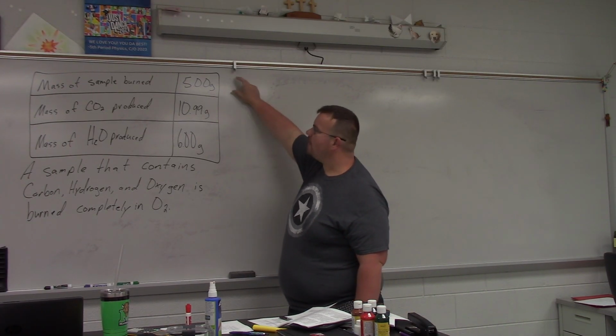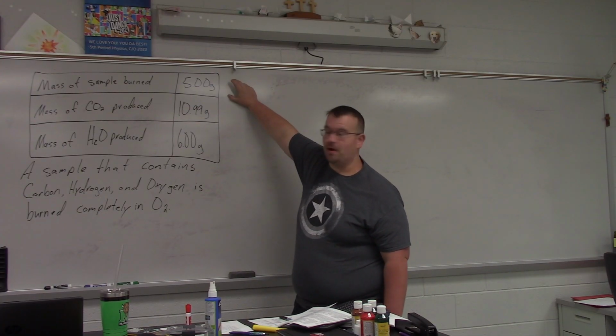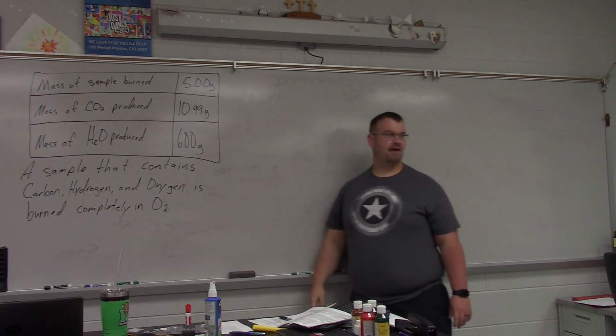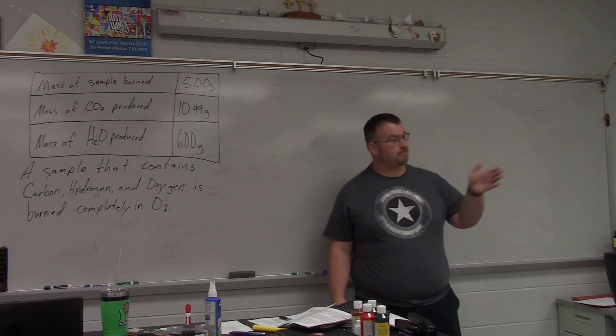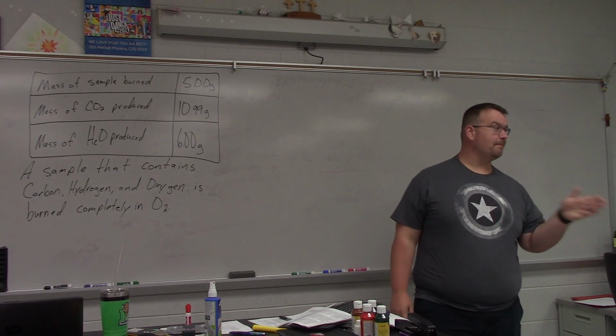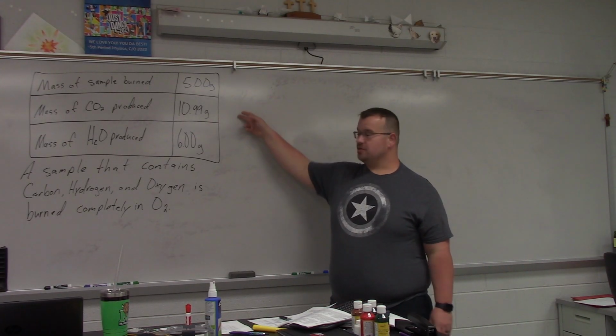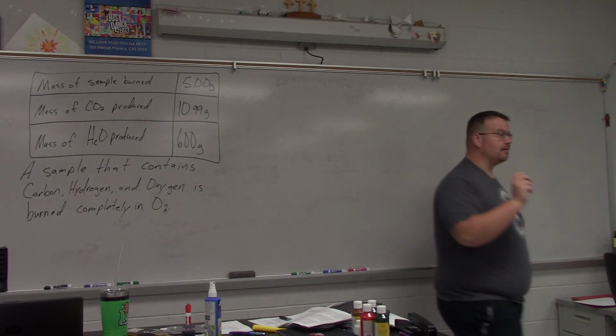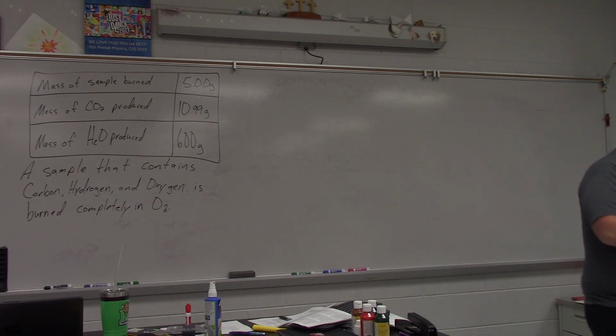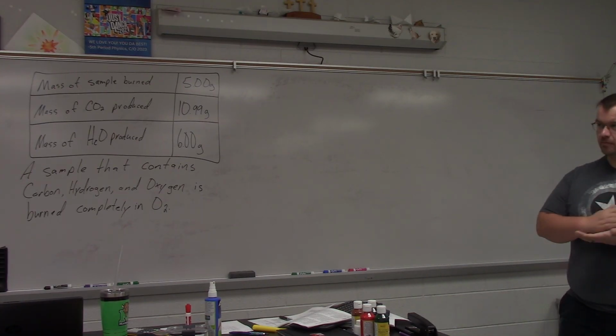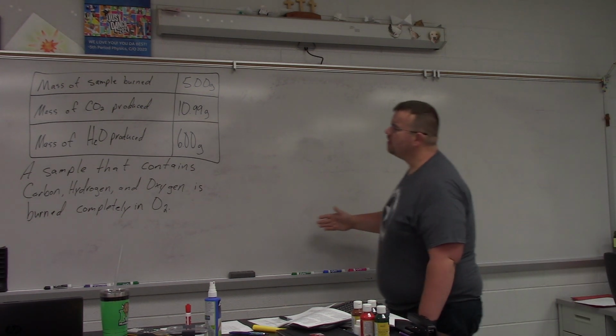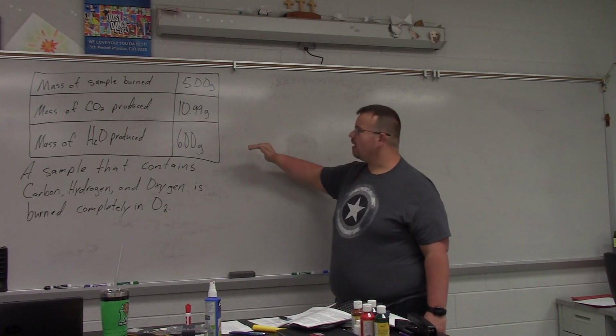There is some mass of a sample that's burned completely up in oxygen that had a mass of 5 grams. Then they have the mass of the carbon dioxide and the mass of the water produced. Since you have had chemistry, you know that this is a combustion reaction and it produced carbon dioxide and water. We went completely through, there's nothing left over, and this is our product.